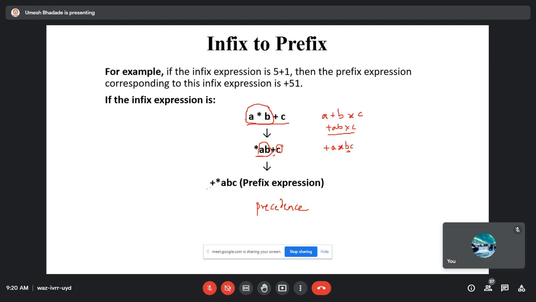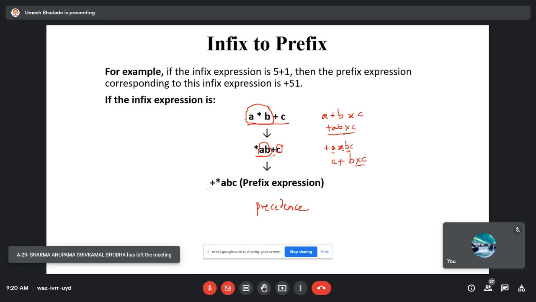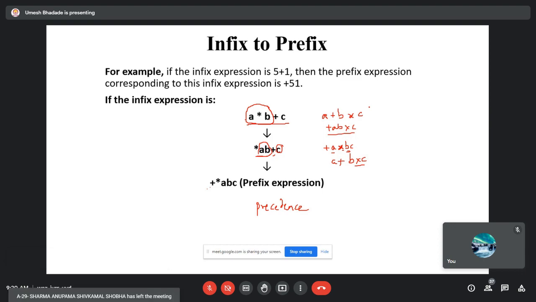First B into C should be done, so we will put the operator before BC, and then we have to do the addition. First B into C will be done and then to that A will be added. The operator having higher precedence will have its operation first, and then the next operation, that having less precedence. So it will be plus A star BC.